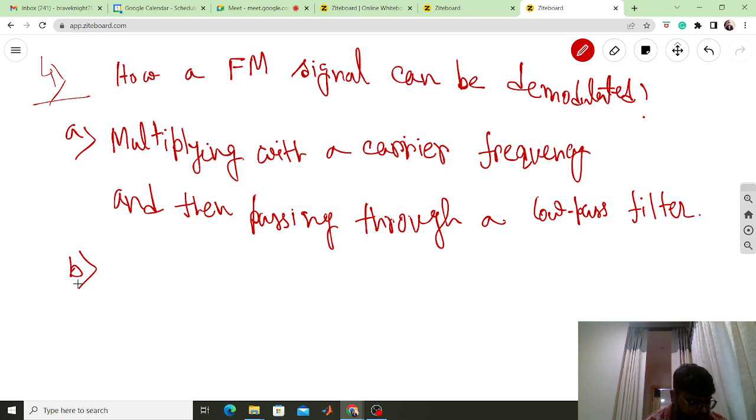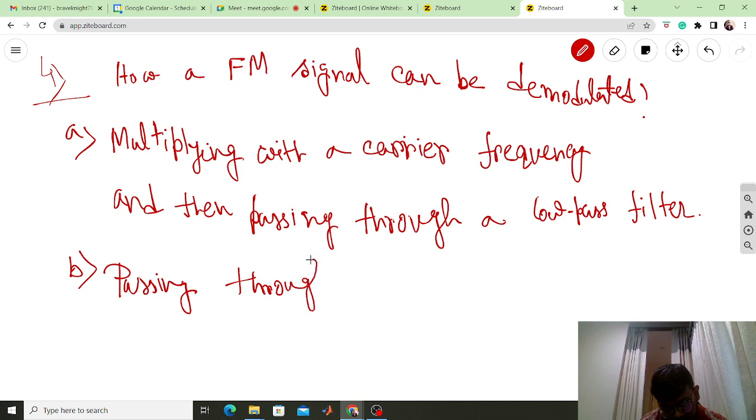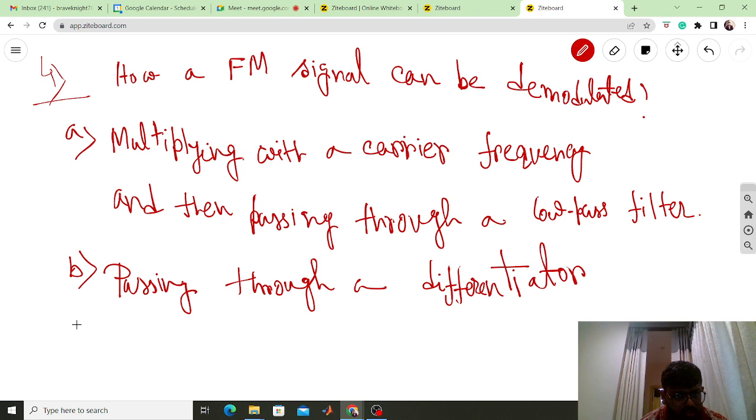Option B, passing through a differentiator followed by an envelope detection.